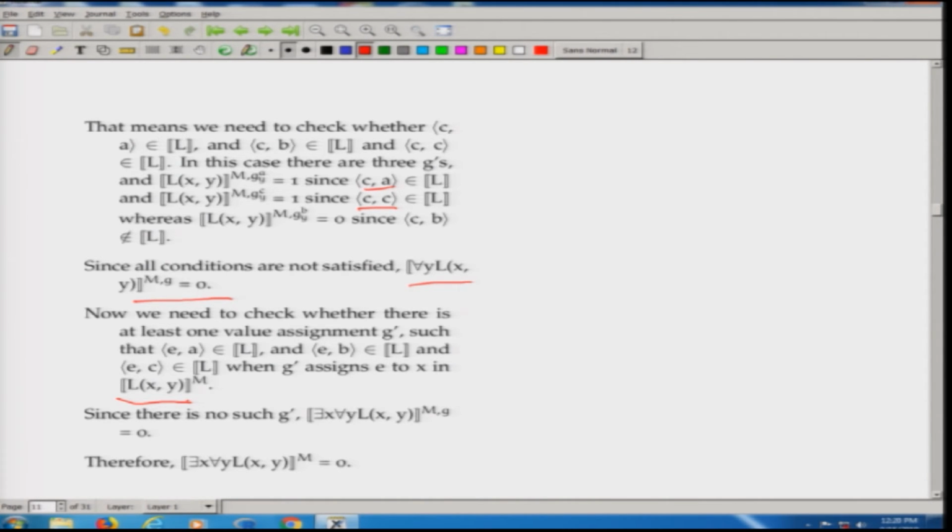What is our next step? Our next step is, what is the value of sum x all y L x y with respect to M and g.